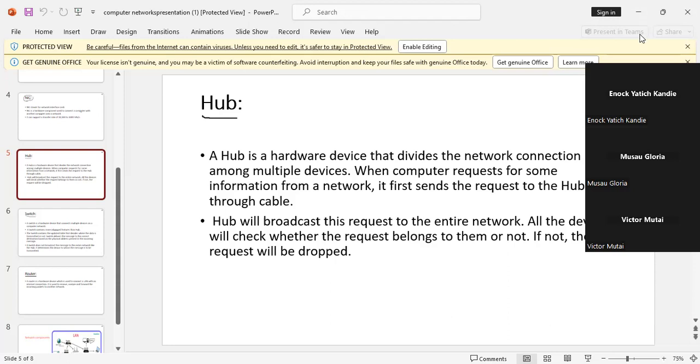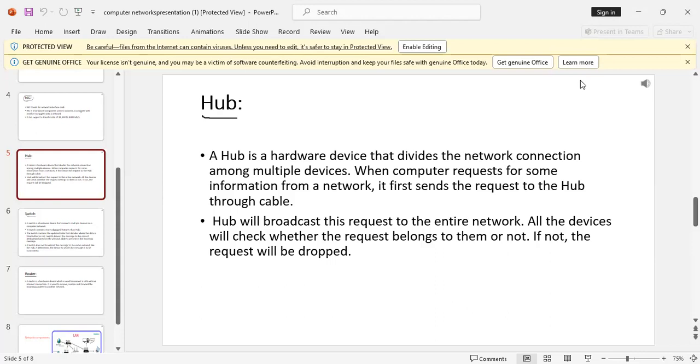You can allow me to read the definition of a hub. A hub, we've said, is a hardware device that divides the network connection among multiple devices. When a computer requests some information from a network, it first sends the request to the hub through a cable.